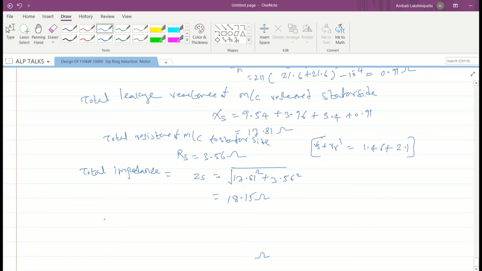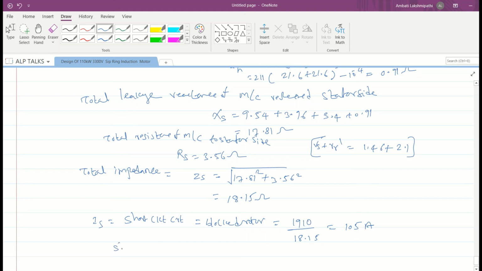So let's calculate the short circuit current ISC, otherwise some will say blocked rotor. We know 1910 is the voltage and the impedance is 18.15. So with this we got this value as 105 ampere.